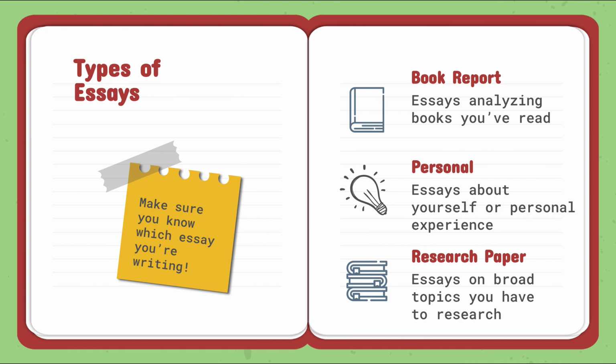Personal essays are going to be relating your book to yourself or personal experiences. And research papers are essays on broad topics that you have to research. So this will be probably in history. You'll read a historical fiction book and you'll research part of that plot.